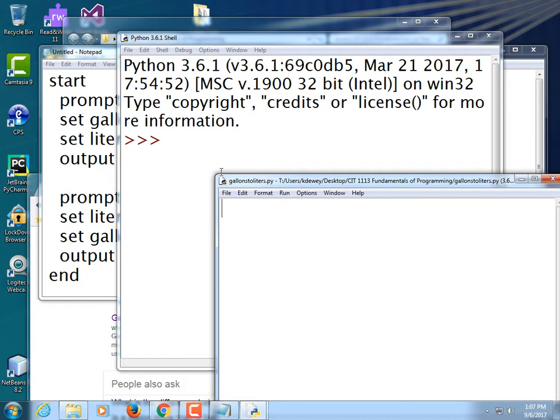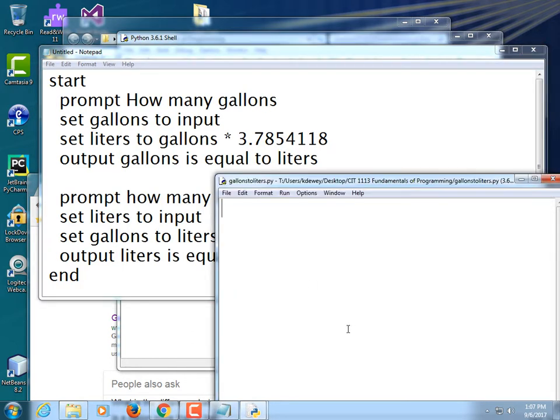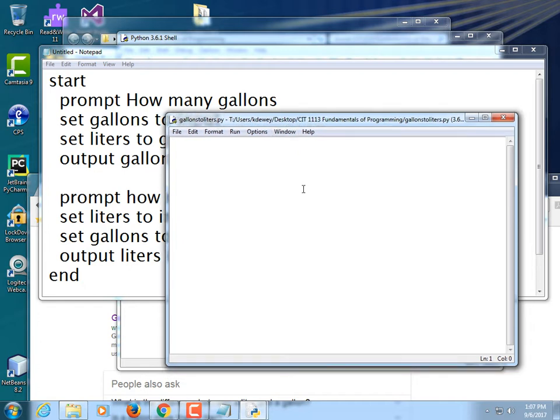Okay. So now let's convert this pseudocode to Python. So what do I do with start? Do I do anything in Python to handle the start? No, I just really don't. The start of my program is at the very top in Python. So how could I possibly prompt for how many gallons? Anybody?